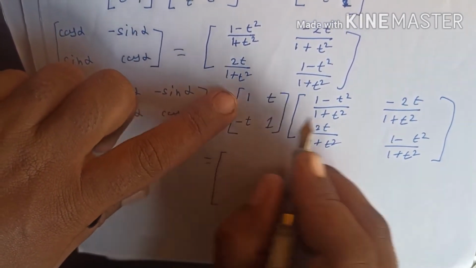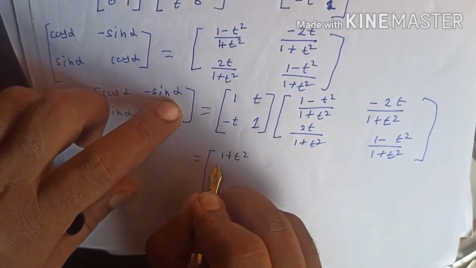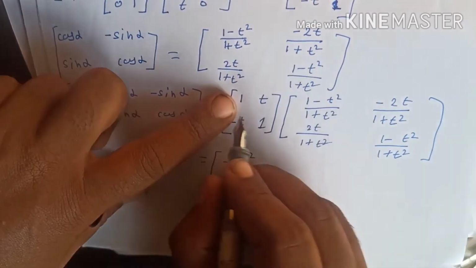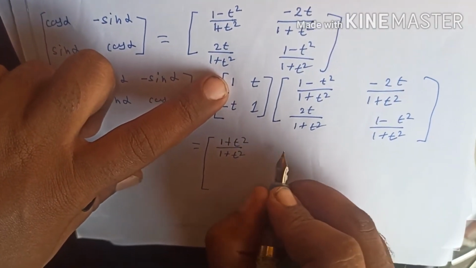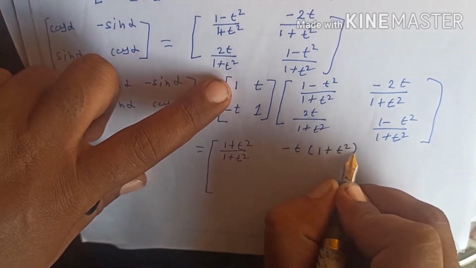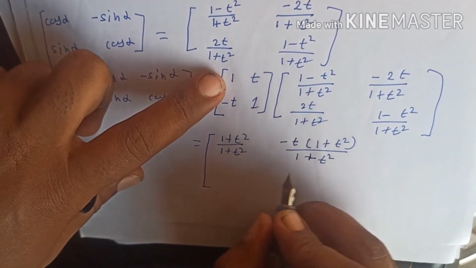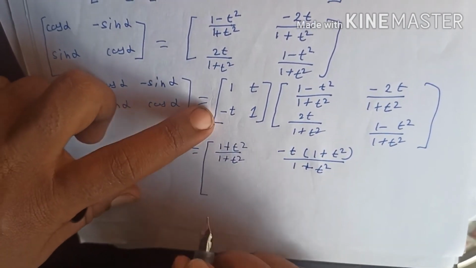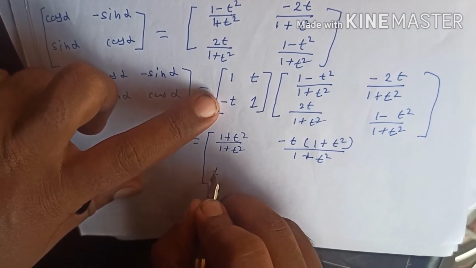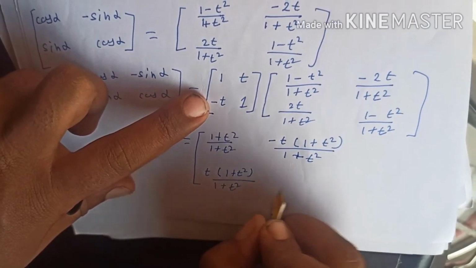So it becomes this into this plus this into this. It becomes 1 plus t square over 1 plus t square. For the second element, this row into this column, it becomes negative t into 1 plus t square over 1 plus t square. For the third element, this row into this column, it becomes t times 1 plus t square over 1 plus t square.